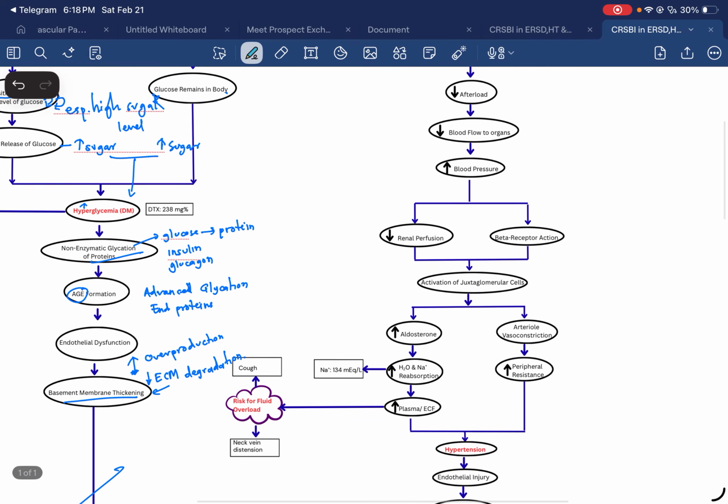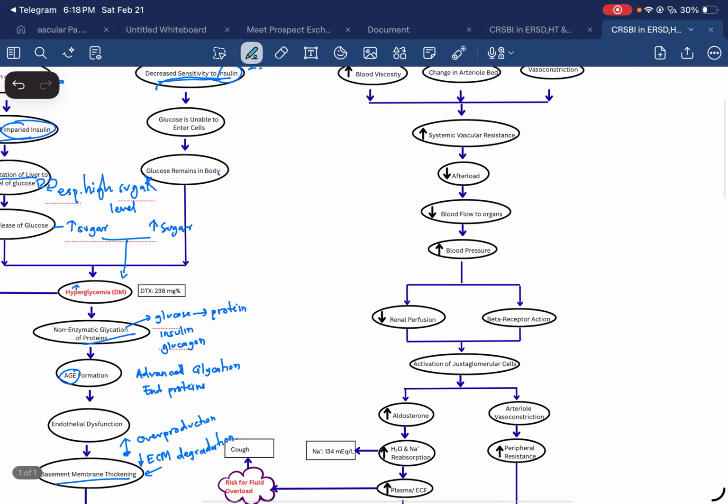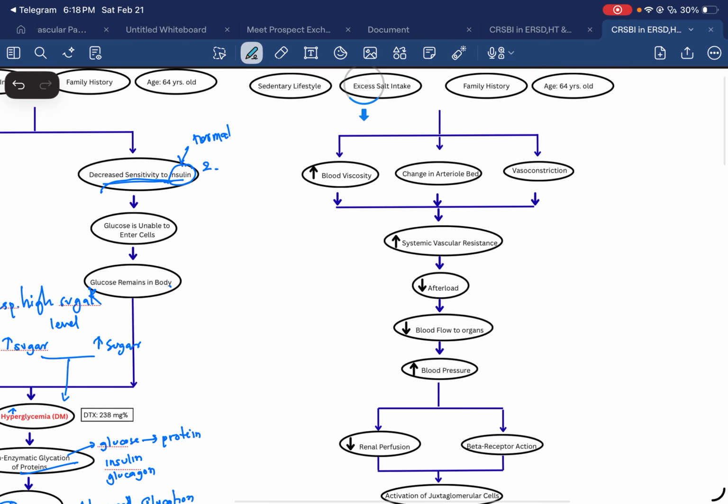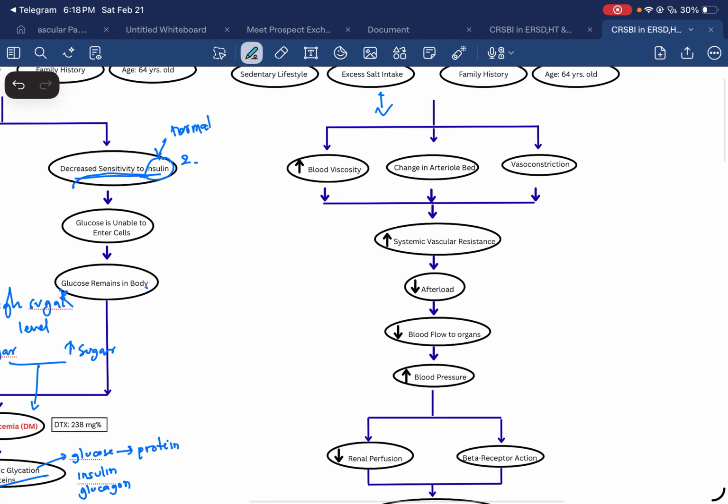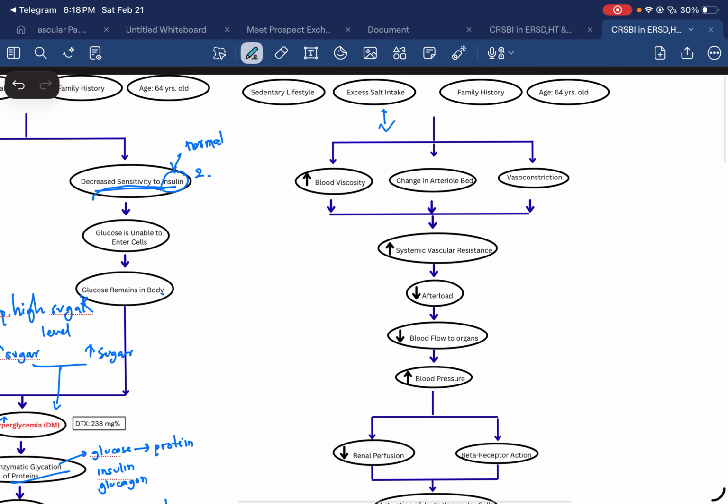The pathway for hypertension. This patient has the same risk factors, except he has increased salt intake, and these factors are responsible for physiological changes such as increase in blood viscosity, change in arterial bed, and vasoconstriction.